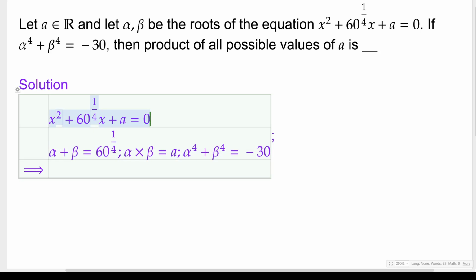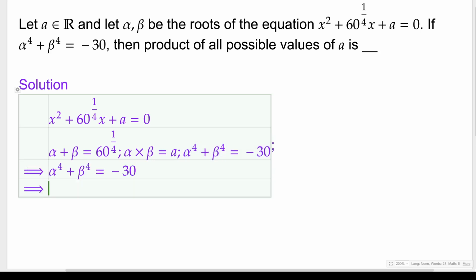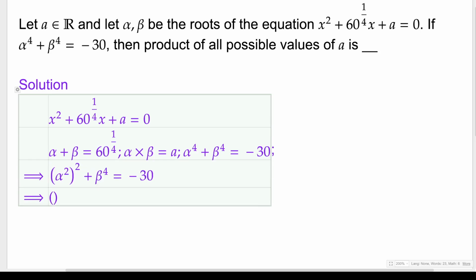Now I will take this equation, alpha to the power 4 plus beta to the power 4 equal to negative 30, and I will use the algebraic identities to resolve it. So alpha to the power 4 can be written as alpha square squared, and beta to the power 4 as beta square to the power 2.